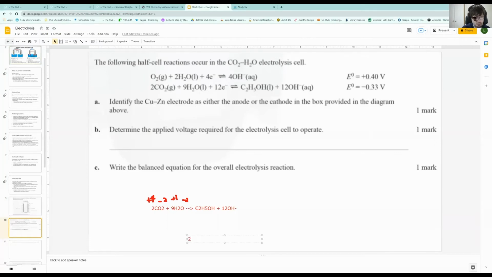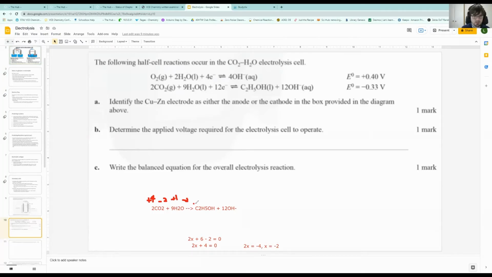It's going to be 2x for the carbon, +6 for the hydrogens, -2 for the oxygens is equal to 0. So therefore, 2x plus 4 equals 0. And therefore 2x equals -4, and x is going to equal -2.